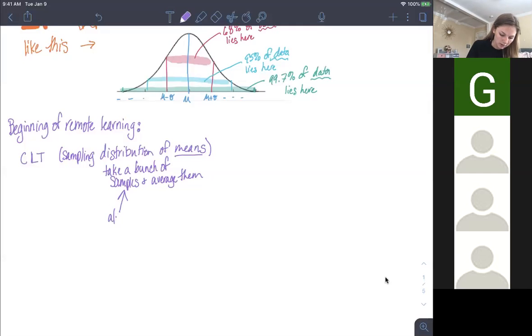The reason that was cool is because even if the population wasn't already a normal curve, we could take a bunch of samples, average them, over and over again, create that sampling distribution of means, and now we always have a normal curve. That's great because then we can say things about that 68, 95, 99.7 rule, regardless of the population.